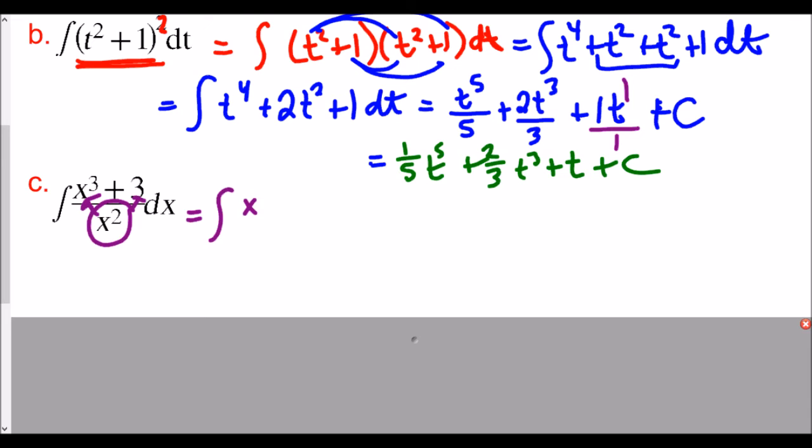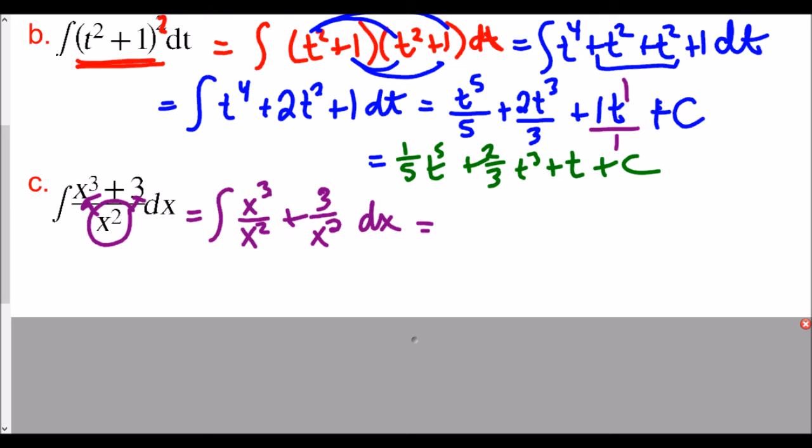And we'd have x cubed over x squared plus, and then my other term is a 3, and that's also going to be divided by x squared. We're back to x's, so we have a dx. I still can't integrate this. We still have some fractions. So one more rewriting.